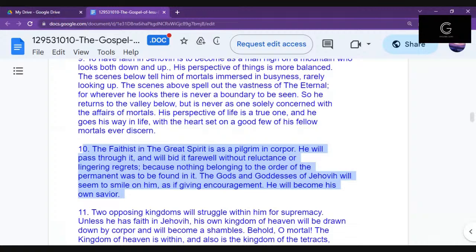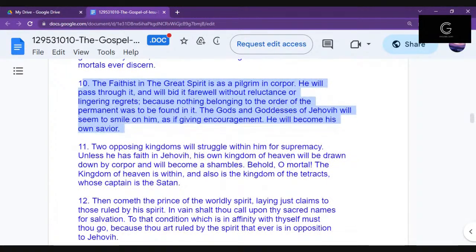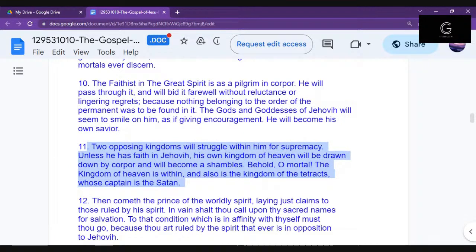Because nothing belonging to the order of the permanent was to be found in it. The gods and goddesses of the Creator will seem to smile on him, as if giving encouragement. He will become his own Savior. I don't need Jeebus. I don't need Muhammad.